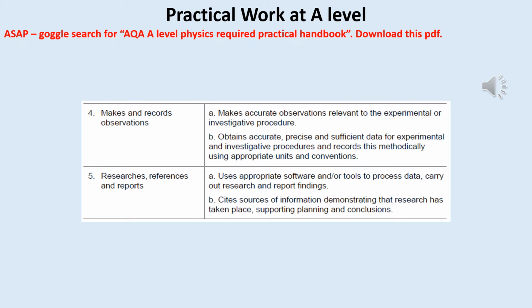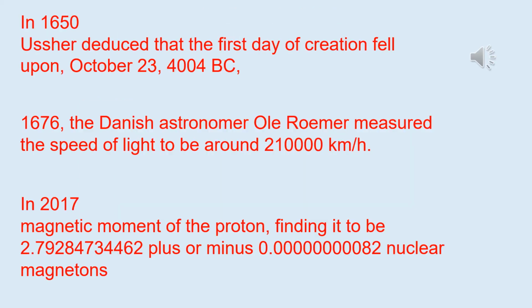You're able to then use that to report your findings properly, and you're also able to do background research to find out the necessary information from prior experiments, from articles dealing with this area, to compare what you've done to what other scientists have found, and that you're able to reference those correctly.